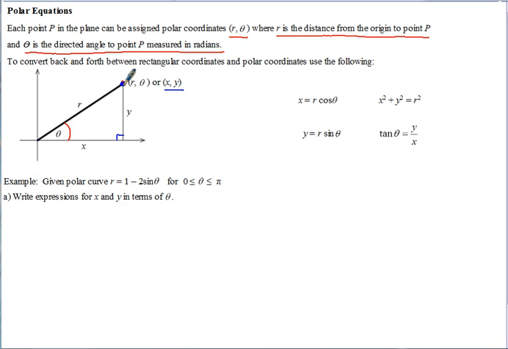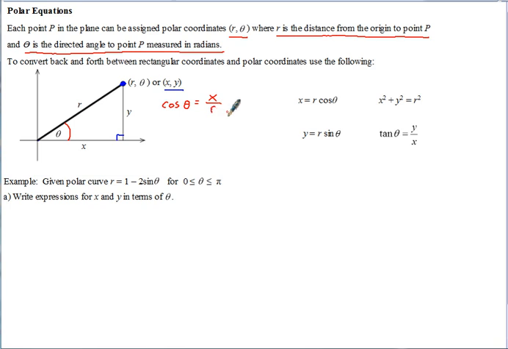So using our triangle, we can relate that in different ways. To get the angle in there, based on this angle, this is the adjacent and this is the hypotenuse. The trig function that uses the adjacent and the hypotenuse is cosine. So cosine of theta equals the adjacent, which is x, divided by the hypotenuse, which is r.